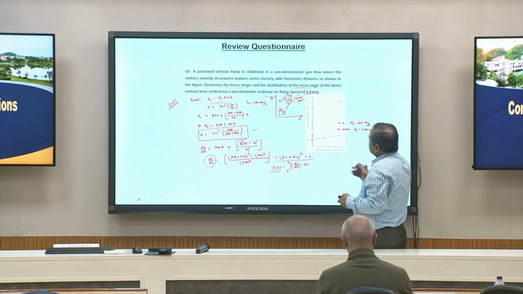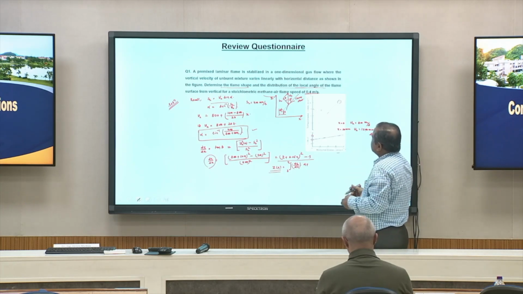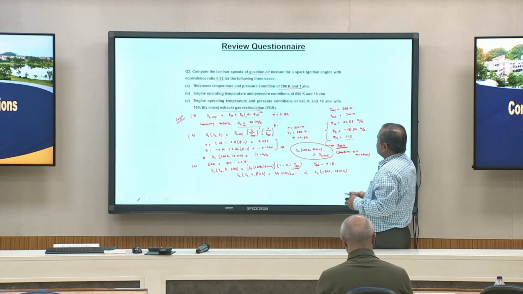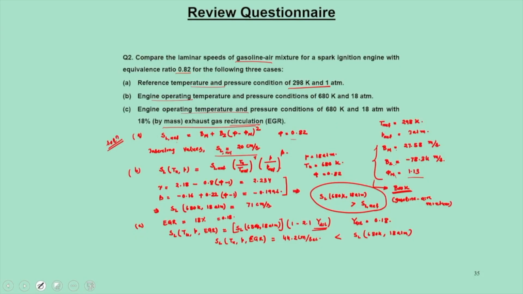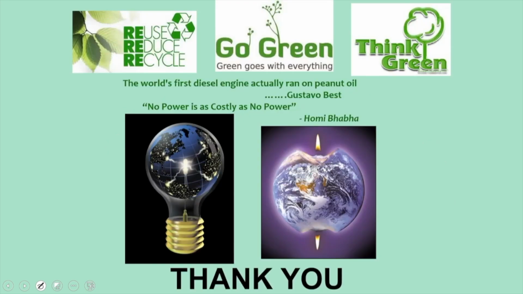So during that phase, this is how the flame speed is evaluated. Another problem shows the importance of general correlations to calculate the flame speed in any arbitrary given situation with respect to reference conditions.